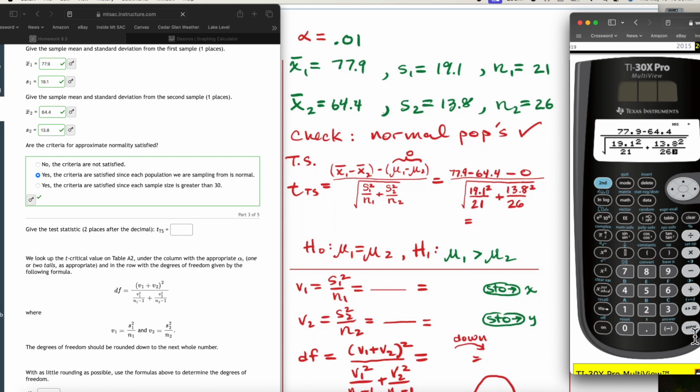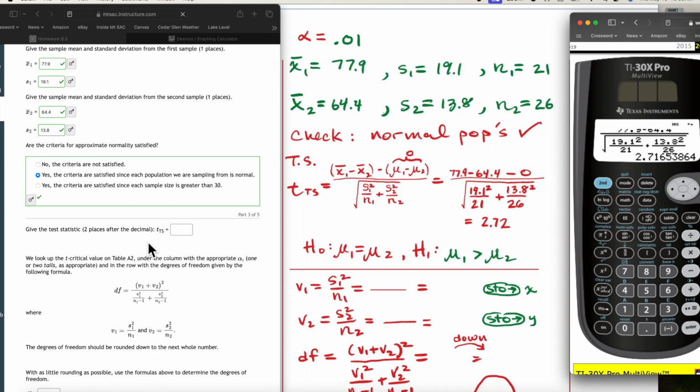There we go. So it's 2.716, and this wants 2 places after the decimal. Okay, 2.72 then. All right, and that's almost 3 standard deviations of difference between these two groups. So yeah, I think we'll probably call that significant.